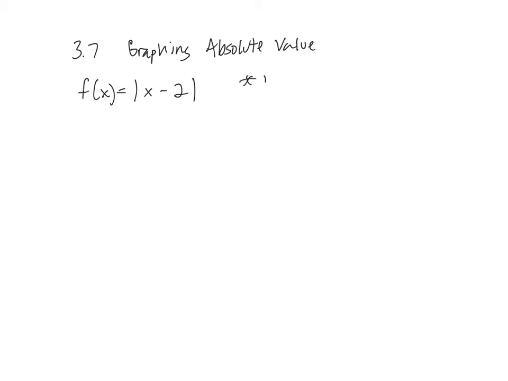3.7 is on graphing absolute value. So let's say we had this one. All right. So we're going to pick 3 numbers to plug in.